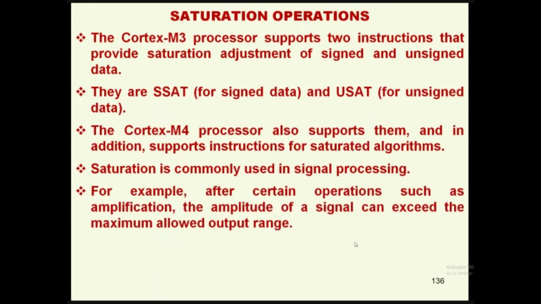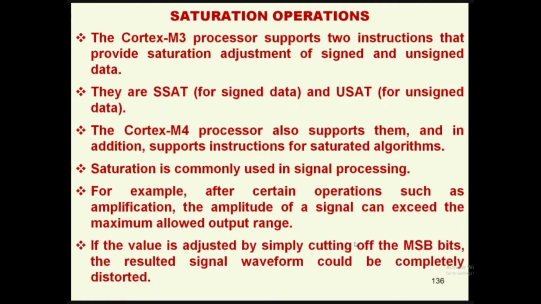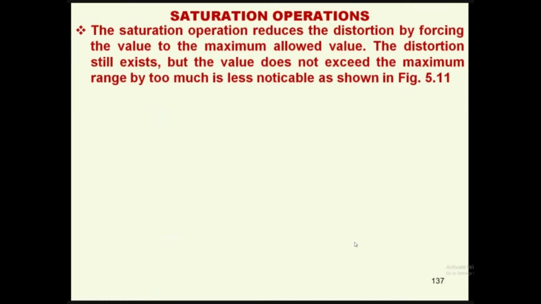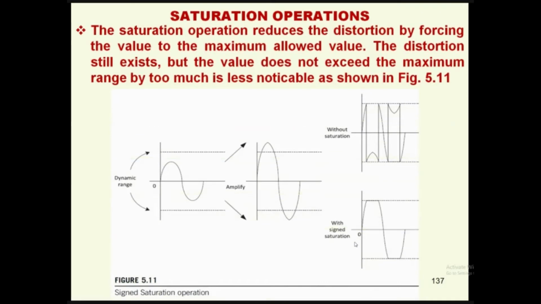For example, after certain operations such as amplification, the amplitude of the signal can exceed the maximum allowed output range. If the value is adjusted by simply cutting off the MSB bits, the resultant signal waveform could be completely distorted. The saturation operation reduces the distortion by forcing the value to the maximum allowed value. The distortion still exists, but the value does not exceed the maximum range by too much, so it is less noticeable, as shown in figure 5.11.